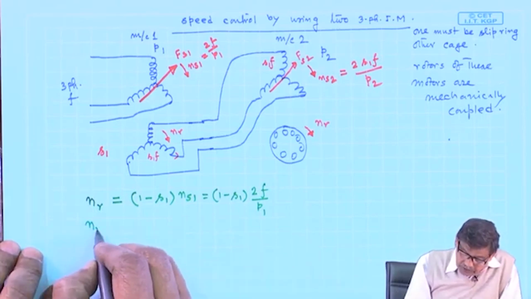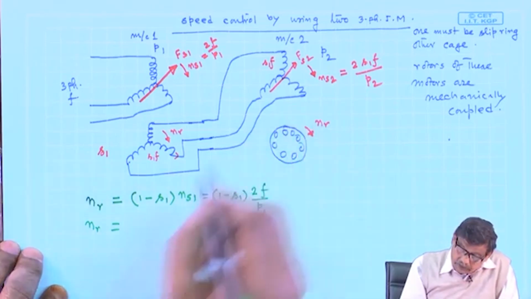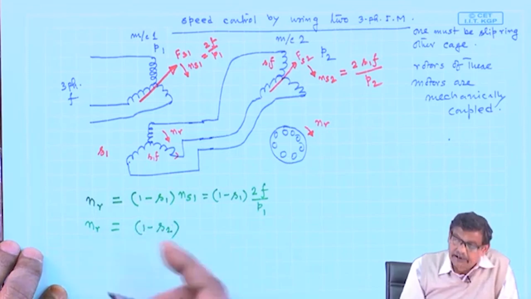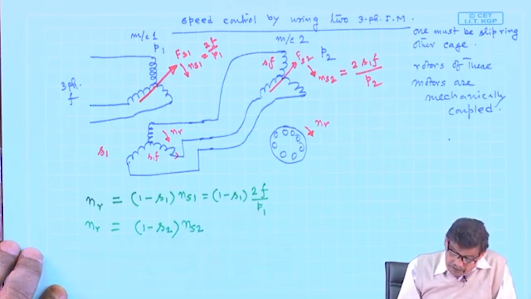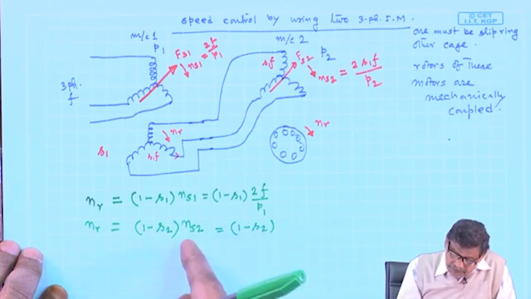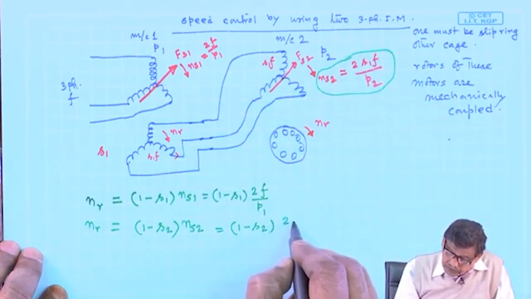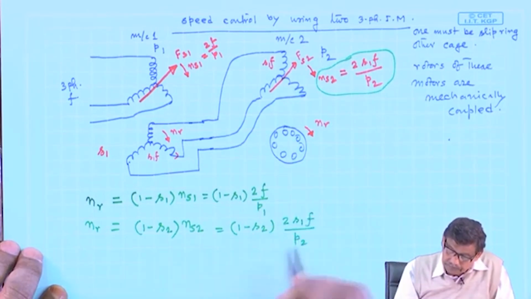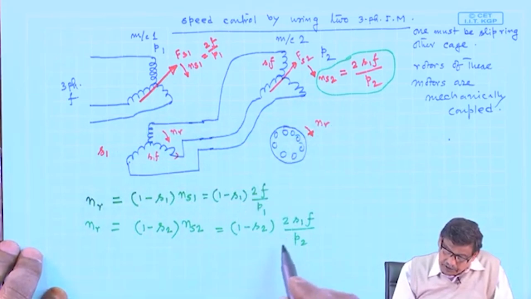And also from the second machine, nr, the same rotor speed, will be equal to (1 minus S2) into ns2, suppose the second machine is running with a slip S2. ns2 is this, that is 2 S1 f by P2, and because these two are coupled, these two must be equal.